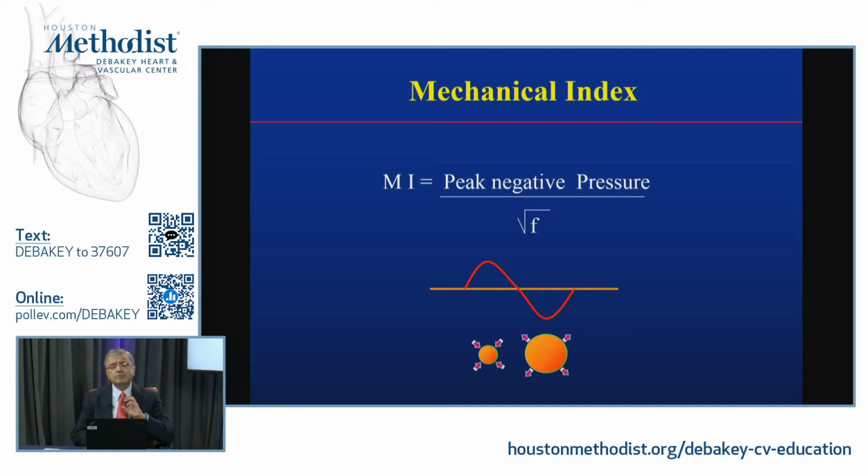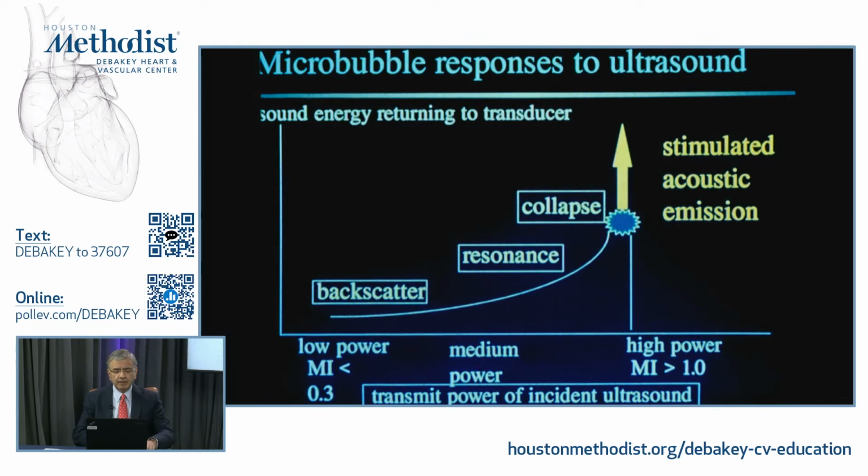So that's why, if you want to see quite a bit of contrast, your mechanical index has to be on the lower end as opposed to just regular imaging of echocardiograms. And this is an old depiction of the power using mechanical index. A high power mechanical index is greater than 1. Medium and low power of mechanical index is like 0.3, even 0.2, even 0.1, where what you're doing is just exciting these microbubbles. You're not destroying much of them.